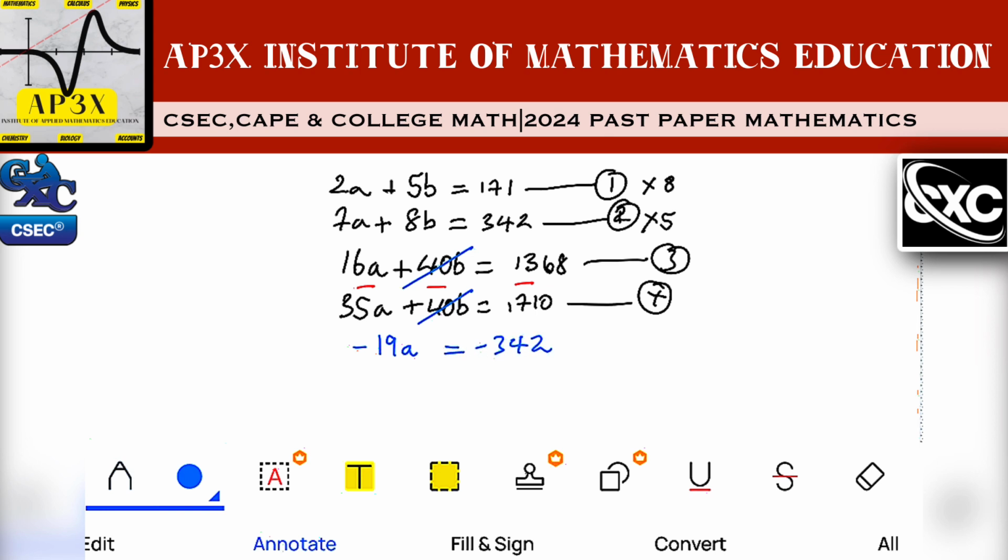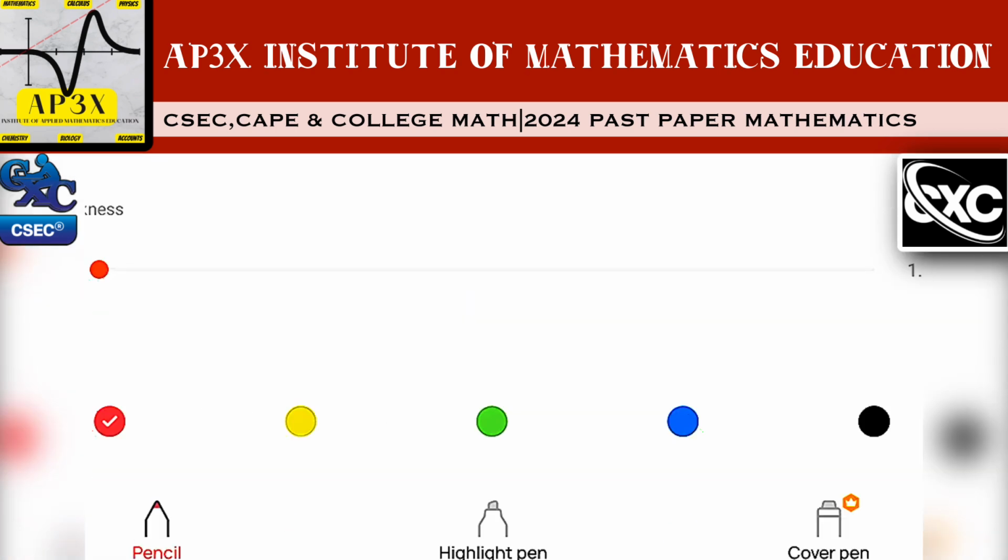All right, and so negative 342 divided by negative 19, and you find that a is equal to 18.